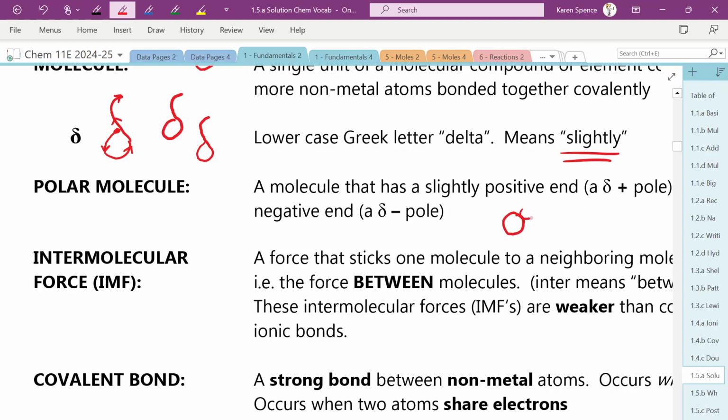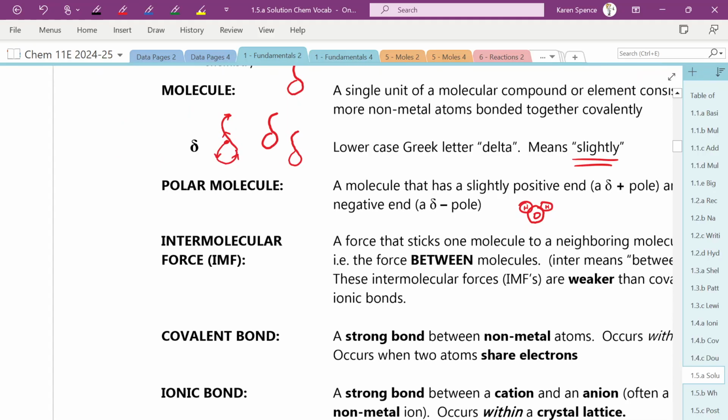Water, we have hydrogen here, oxygen here. Can you guess which end is slightly negative? Think back to your Lewis structure. Yes.